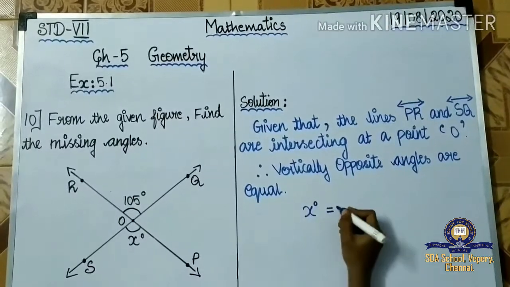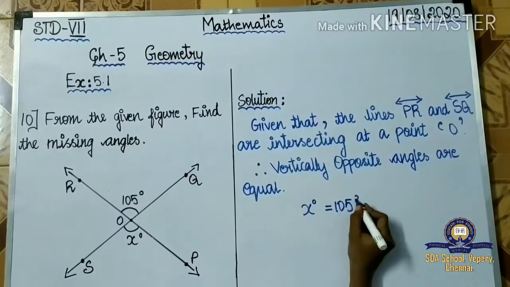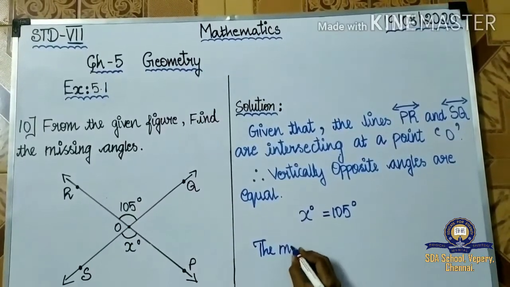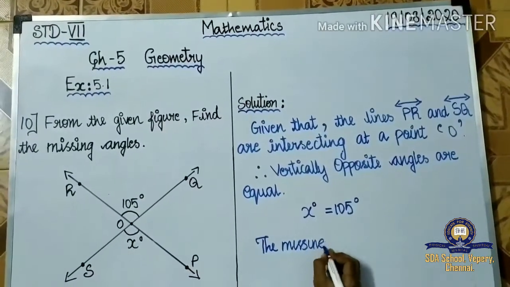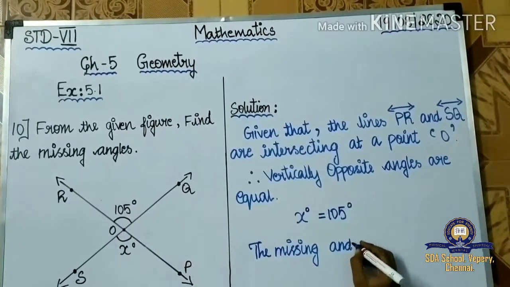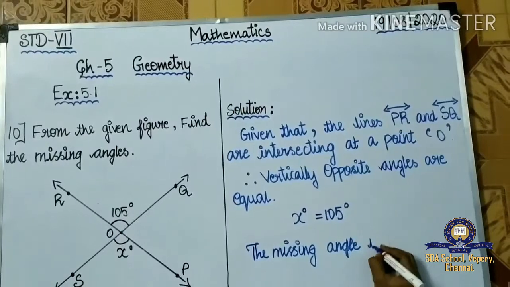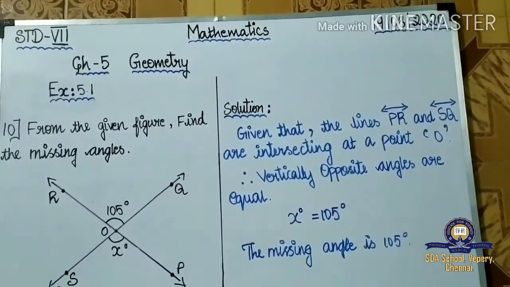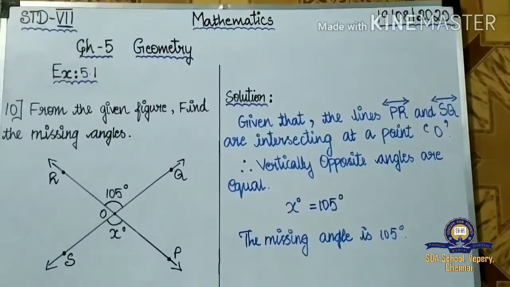X degree equal to 105 degree. Finally, the missing angle is 105 degree. Are you clear, students?